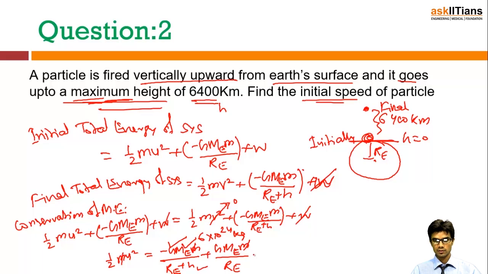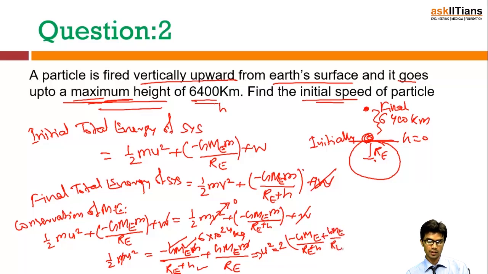So u square is equal to 2 into minus G M_E by (R_E plus H) plus G M_E by R_E.